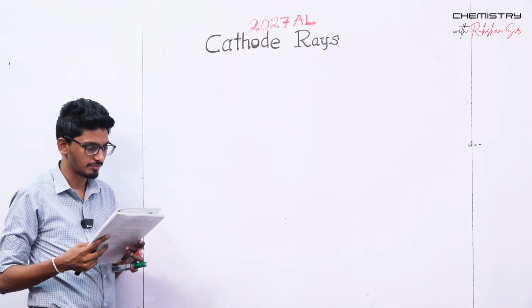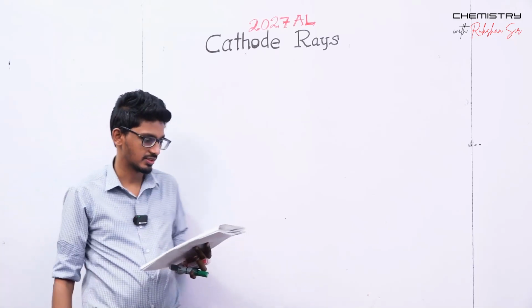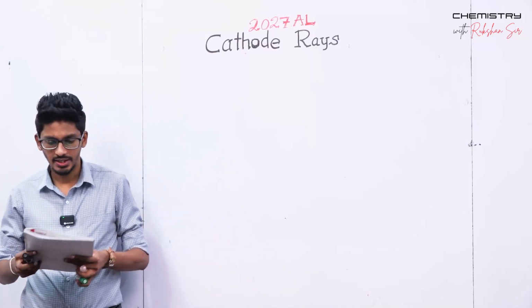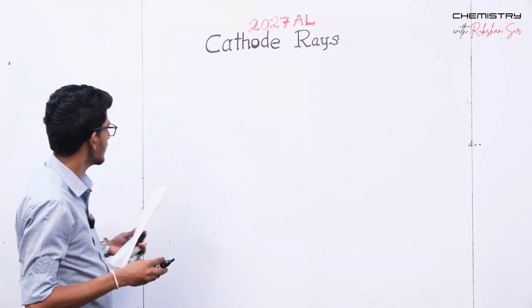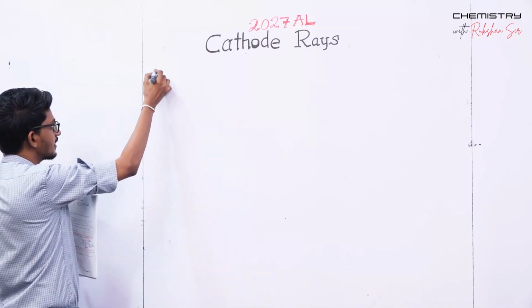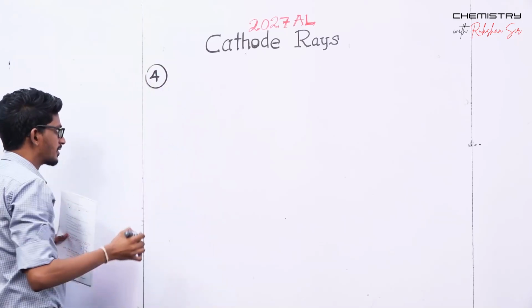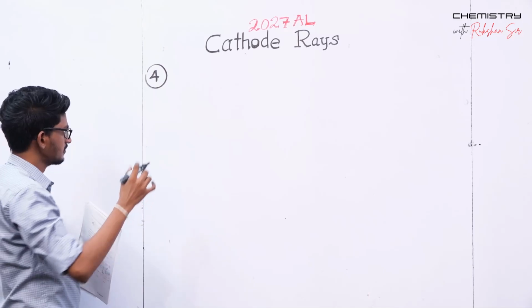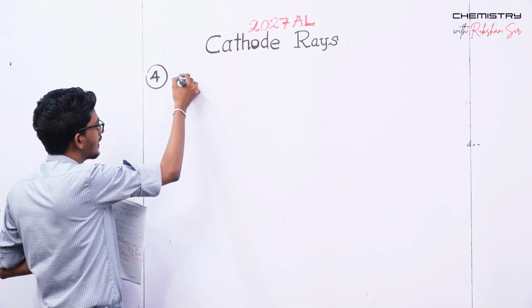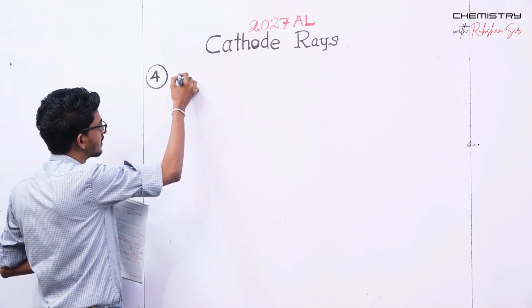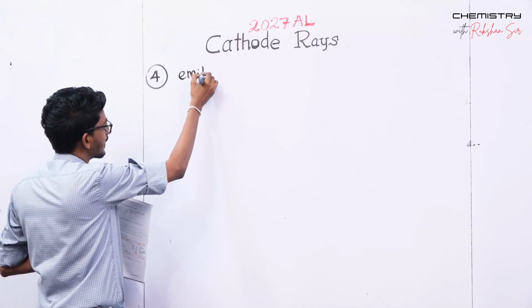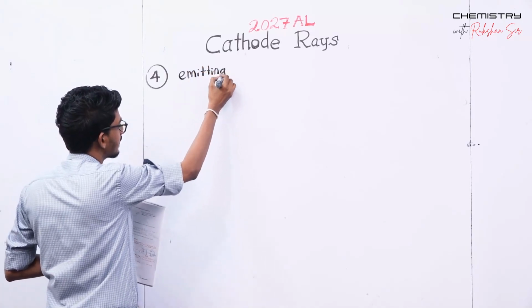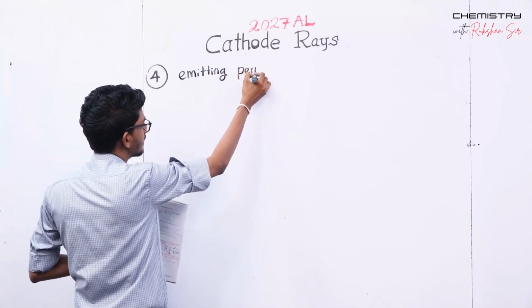Let's discuss one by one, which is there in our notebook. Property number 4 is that the cathode rays are emitting perpendicular to the cathode.